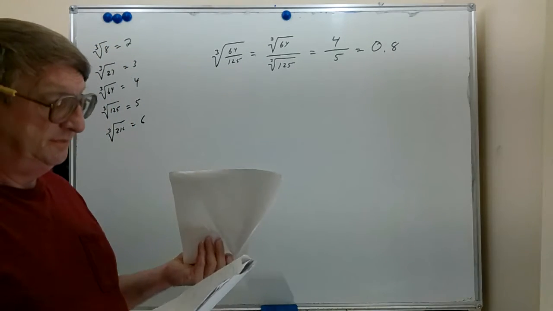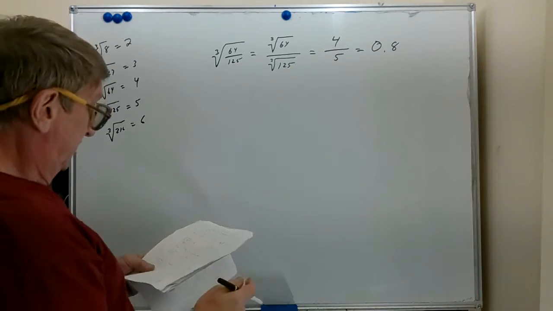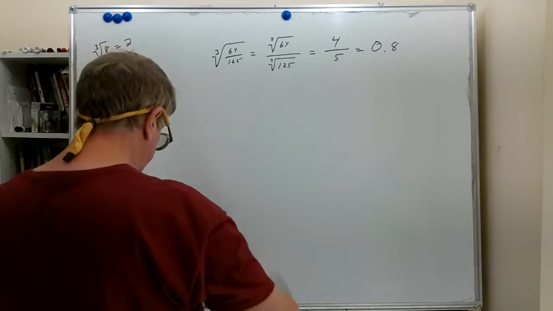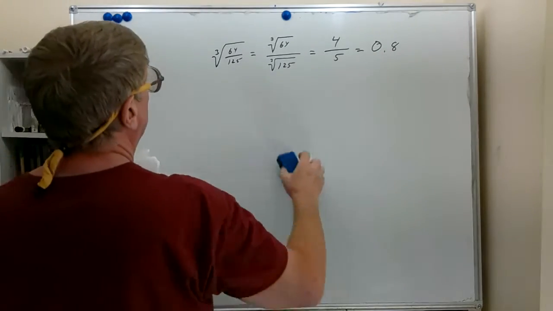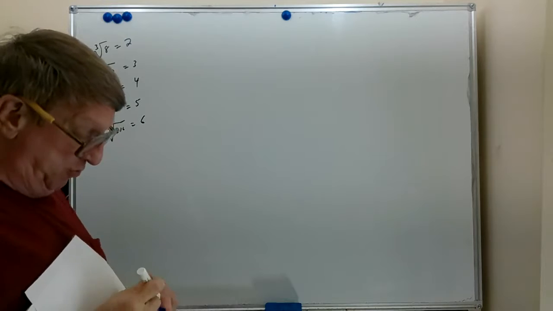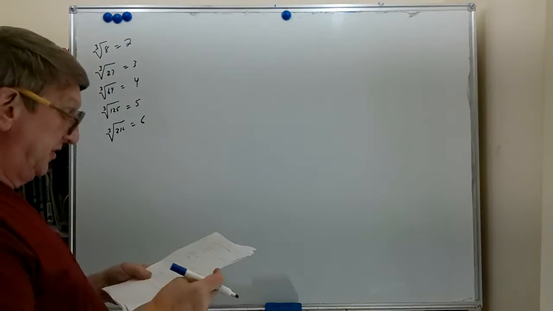So we're going to more formally define the cube root here. We've talked about it, and I think you probably understand it, but we're going to more formally define it.